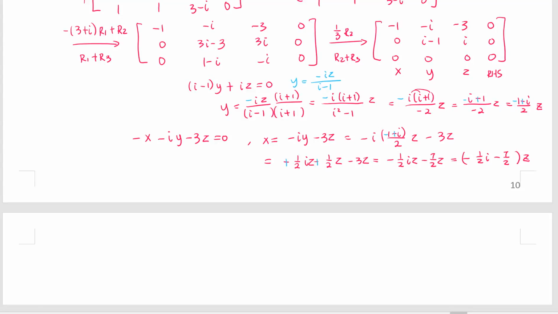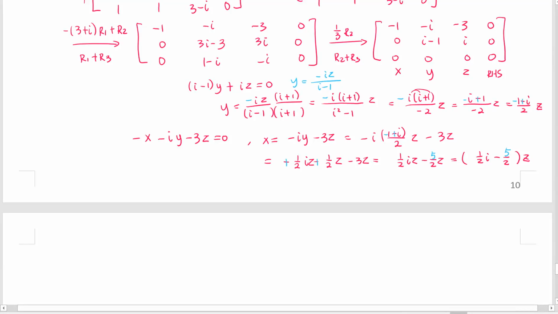So 1/2 minus 6/2 is negative 5/2. So the answer is 1/2 I minus 5/2 z. Sometimes we have to be very, very careful. A minus sign can make a difference.